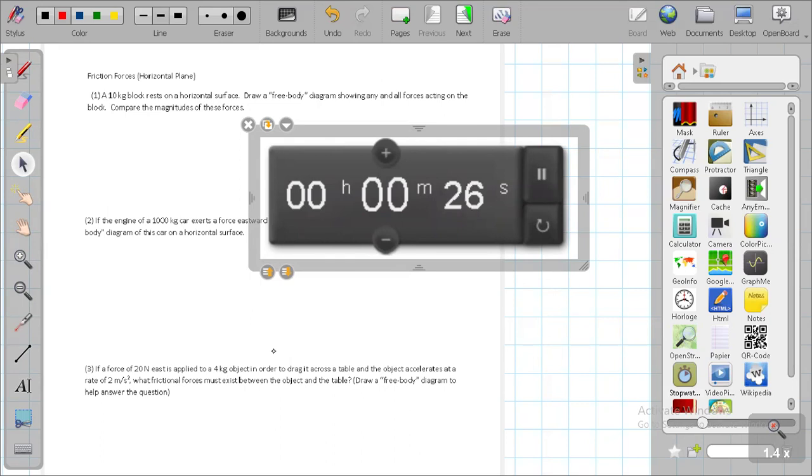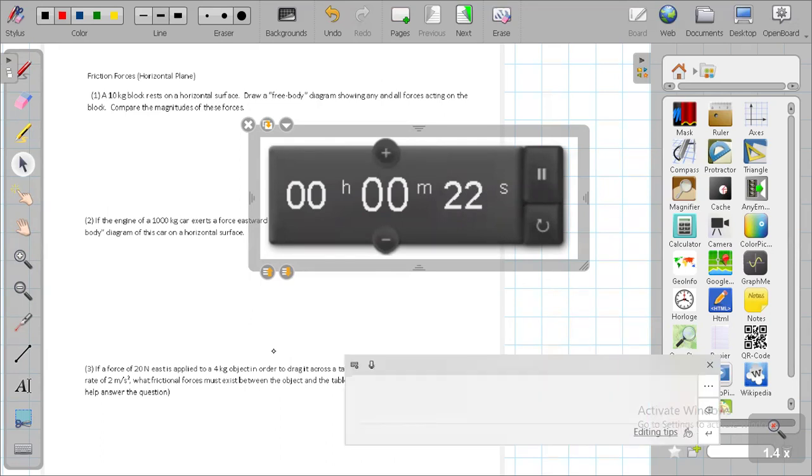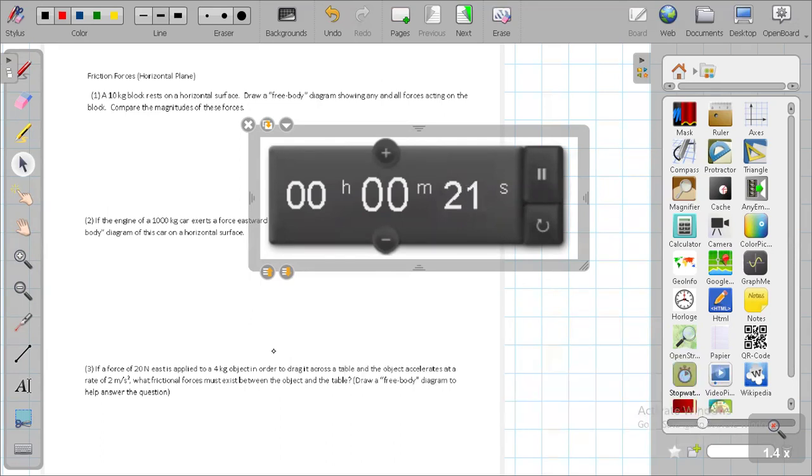I have to send it to everybody. It shows like 36.